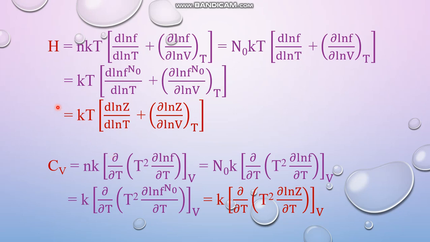In this context we have two more. One is H, which has the final expression k T within bracket d ln Z by d ln T plus, at constant pressure, del ln Z by del ln P. And for Cv the final expression is k within bracket del by del T of T square del ln Z by del T at constant volume.